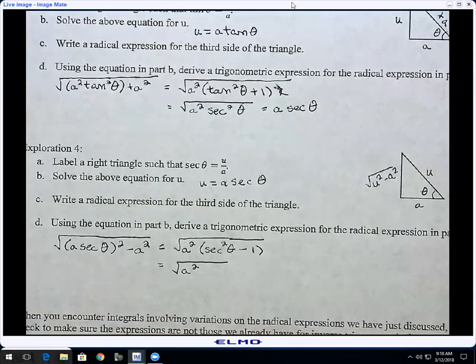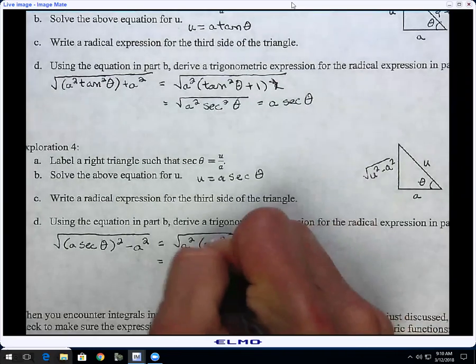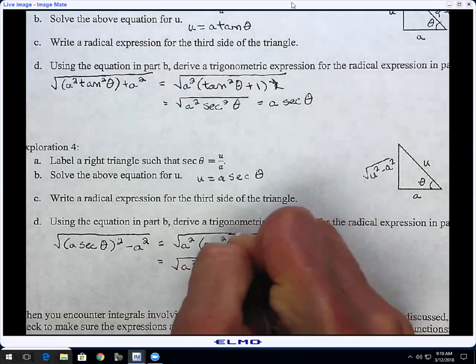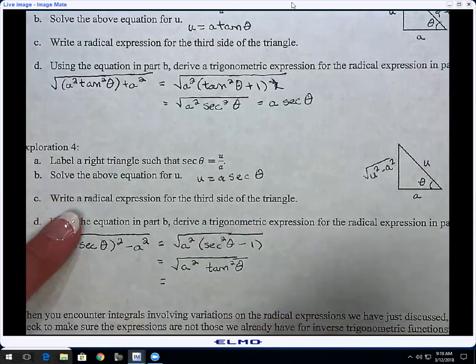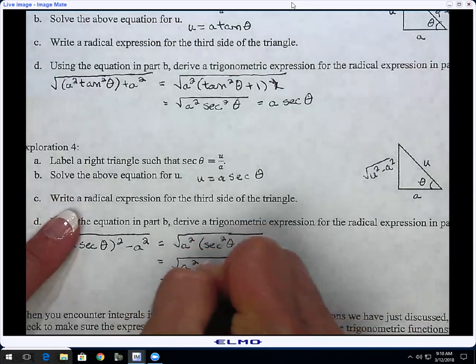What can you put in place of secant squared theta minus 1? And what's the square root of a squared tangent squared theta? All right.